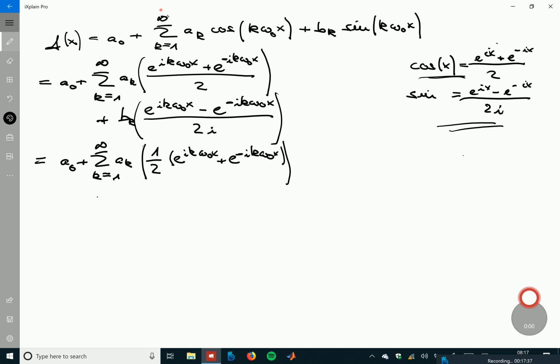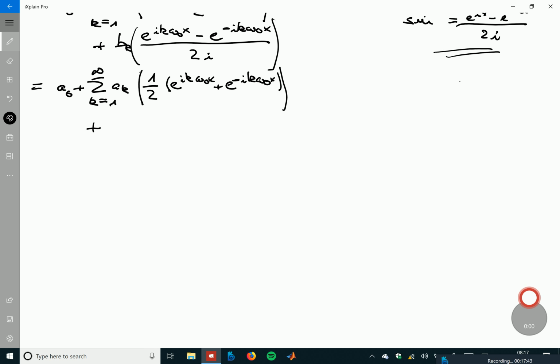Where we do a little bit more is here. So we multiply our bk with i divided by i, so 1, so nothing happens, and take also here the 2i in front of the sum.